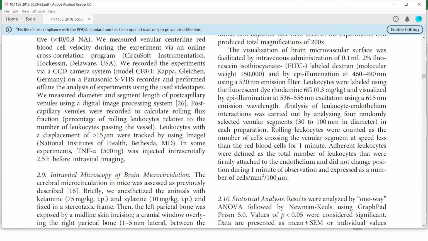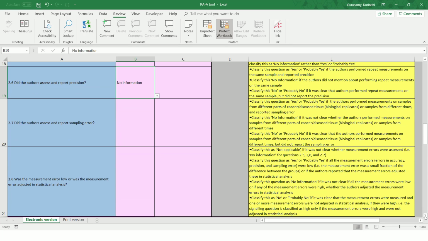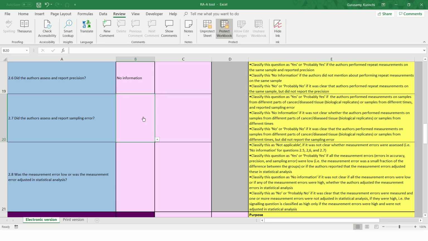They do mention here analysis of leukocyte were carried out by analyzing four randomly selected villi segments in each. So they just did it in four segments. What we don't know is whether they did repeated tests on the same sample.